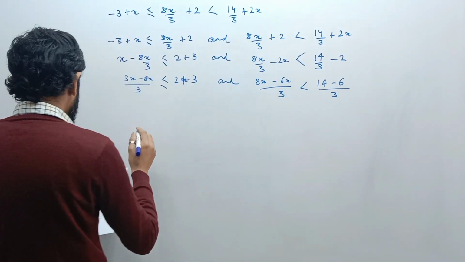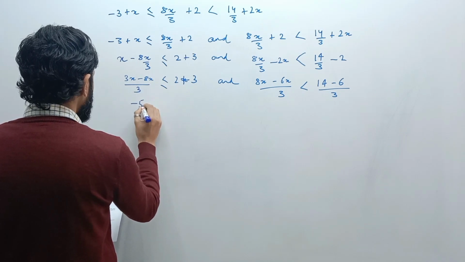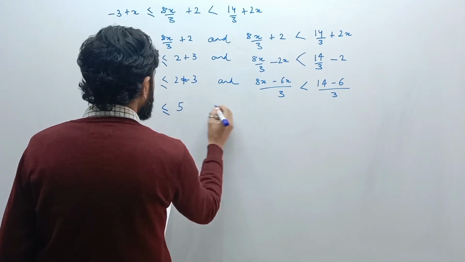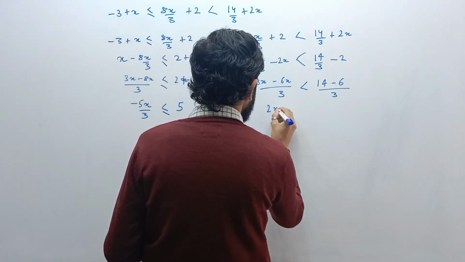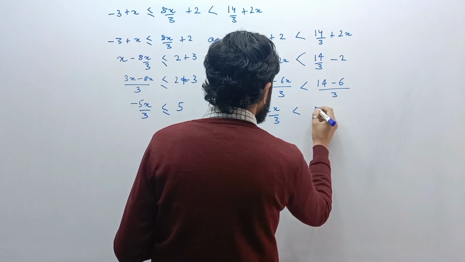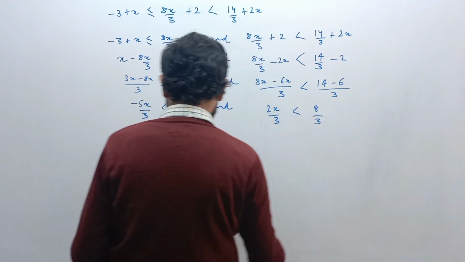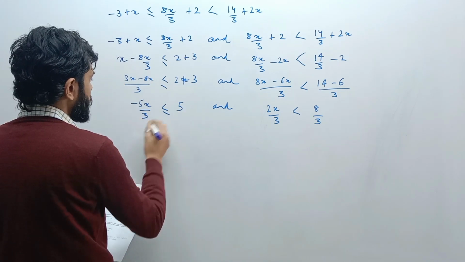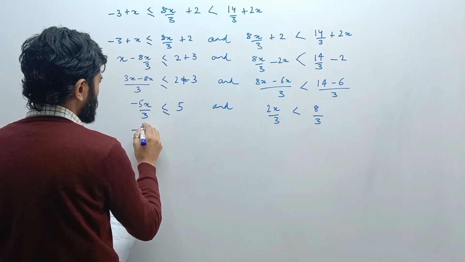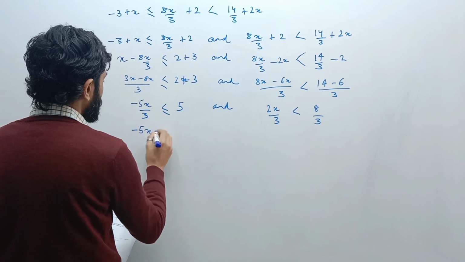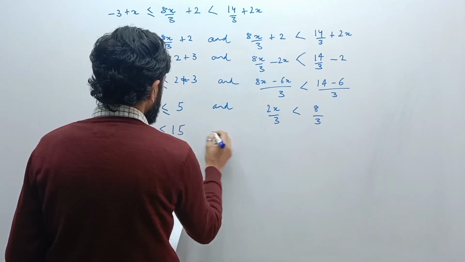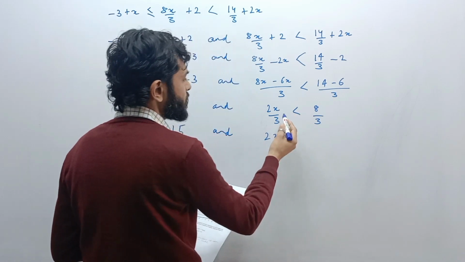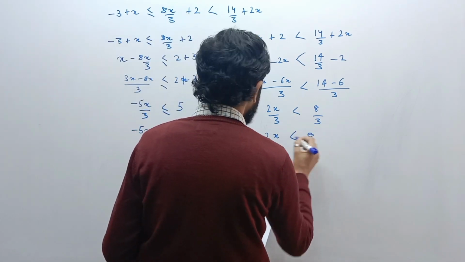Solving this we get minus 5x upon 3 is less than or equal to 5, and 2x upon 3 is less than 8 upon 3. Now you can multiply the denominator to this side. So 5x is 15, and in the second, since both have the same denominator, it will get cancelled out, so it will become 8.